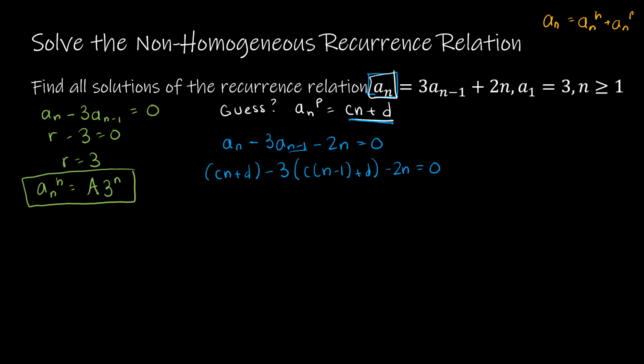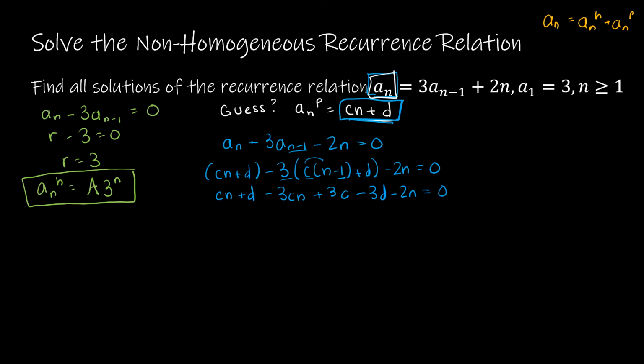Now this is just algebra, so let's do some simplification. cn plus d, I'm going to distribute the 3 and the c to the n and the 1. So c times n is cn, times negative 3. Negative 3 times c times negative 1 is plus 3c. Negative 3 times plus d is minus 3d, and then of course I have minus 2n. Now I want to write it in this format so that I have all of the terms that include n together and all of the ones that don't together.